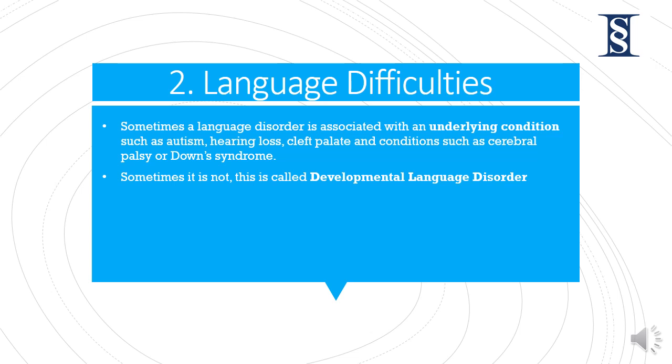Sometimes a language disorder is not linked to any of those conditions, and in this case it's called developmental language disorder, or DLD. And for either of those reasons, early identification is crucial. It's often easier to identify if there is an underlying condition, and it's more difficult if it's just a developmental delay. But in early identification, we can then try and provide appropriate and timely support.